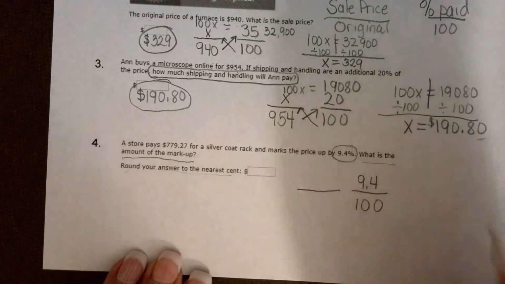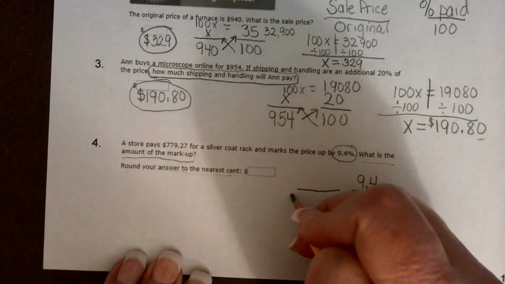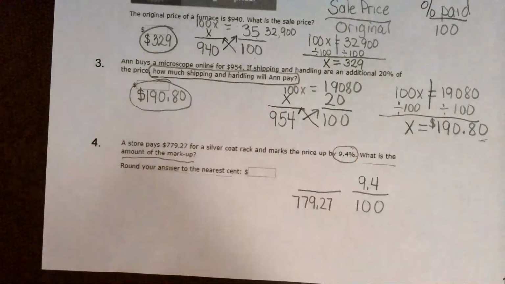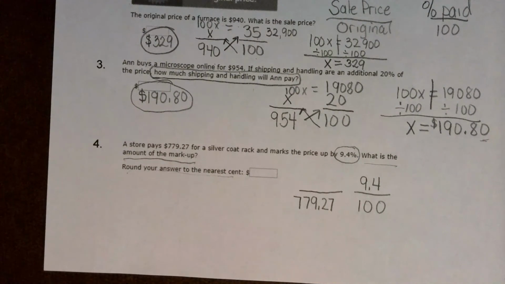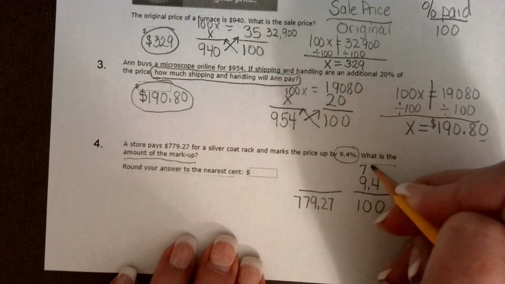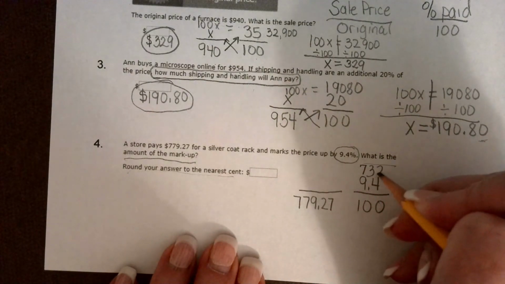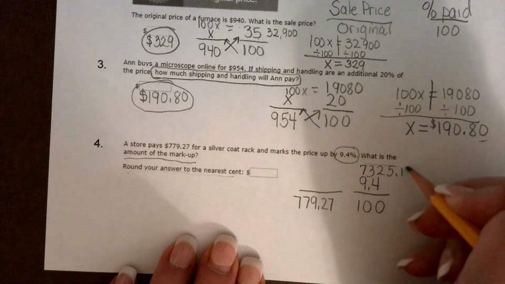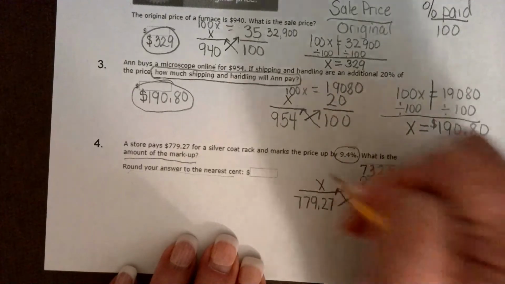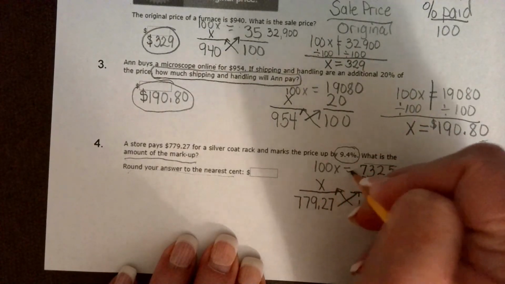So we've got 9.4%, and that is paid on $779.27. So we take the $779.27 times 9.4, and that is equal to 7,325 and 138 thousandths. And then we've got 100x.